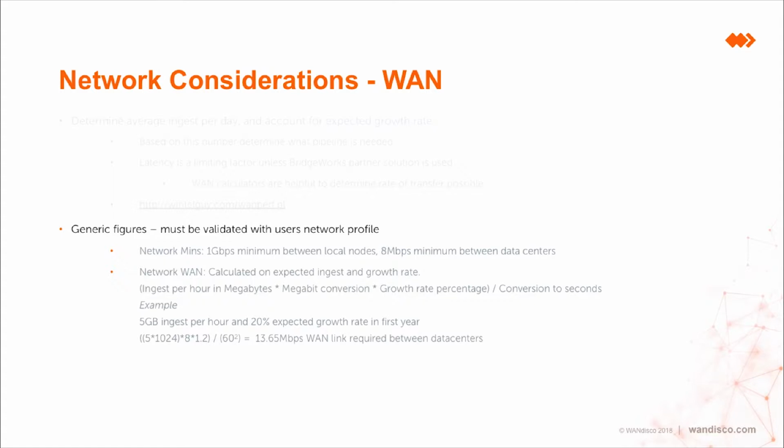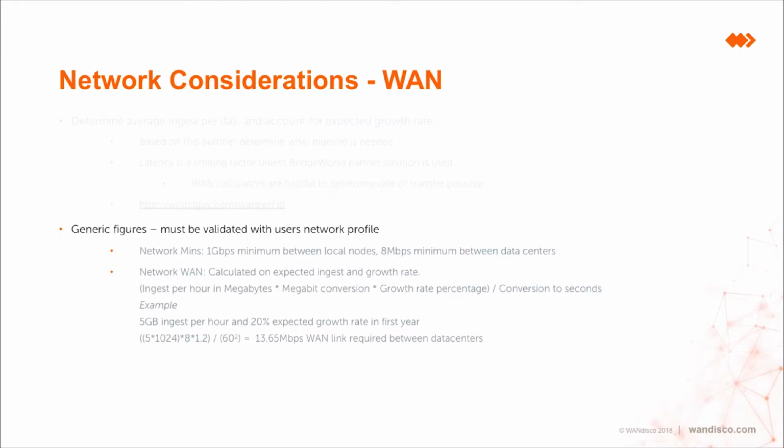The WAN requirement can be calculated based on the expected ingest rate and the growth rate. So for example here, the ingest rate per hour times the megabit conversion times the growth rate percentage divided by the conversion to seconds.